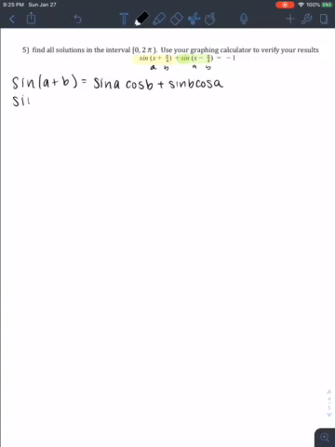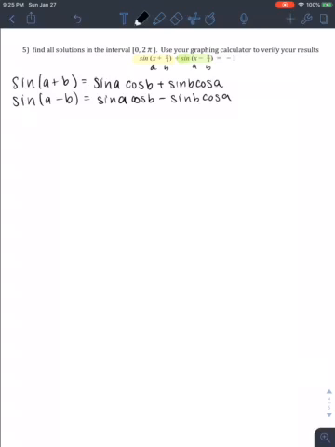And then we also need to use this one, the sine of a minus b, which is the sine of a times the cosine of b minus the sine of b cosine of a. Okay, so we need each part there.